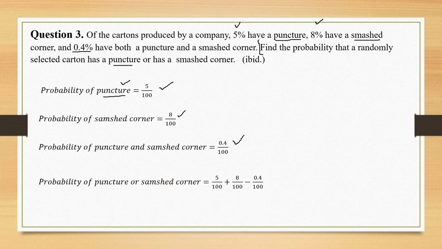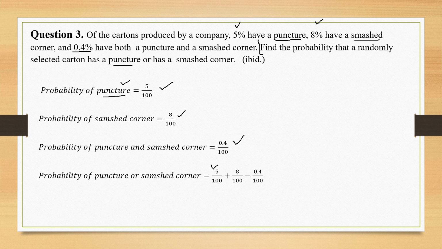The puncture we have 5 by 100, and the smashed corner we have 8 by 100, but we will subtract. Because here is the probability of a puncture, 5 by 100, or means put a plus sign, and smashed corner, we have total 8 by 100, but this is common because these are the curtains which contain both the puncture and smashed corner, so it will be subtracted from the sum.